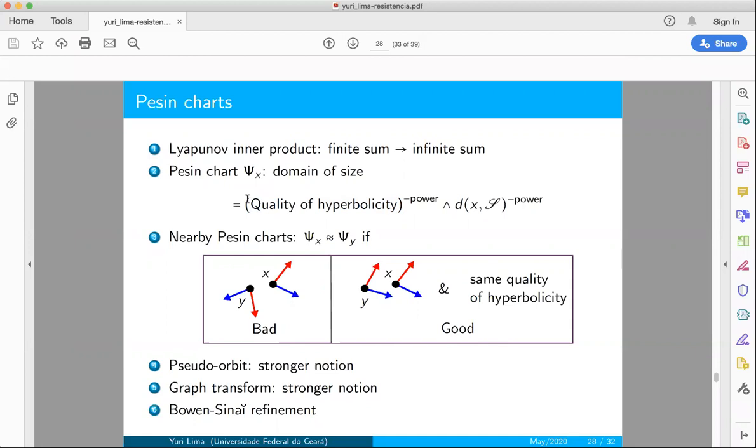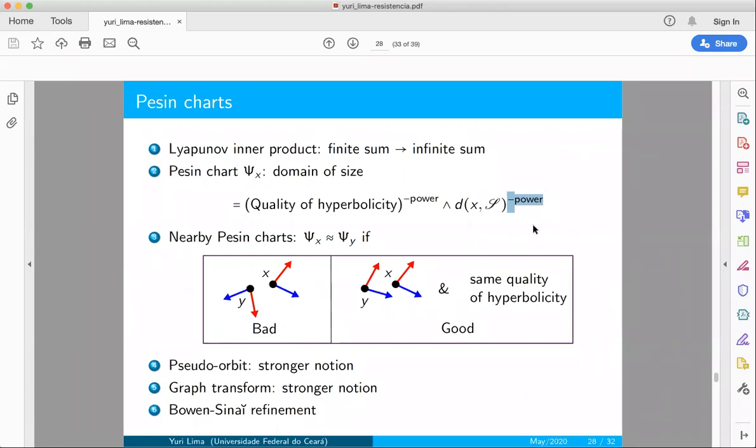This is the usual feature of Pesin theory, which in our context, with the presence of singularities, also has to take into account the proximity to the singular set. So because of that, we will actually take the domains of the Pesin charts to be not only the quality of hyperbolicity to a negative power, but the minimum between this and the distance of the point to the singular set to, actually I put it wrong here, here should be a positive power.